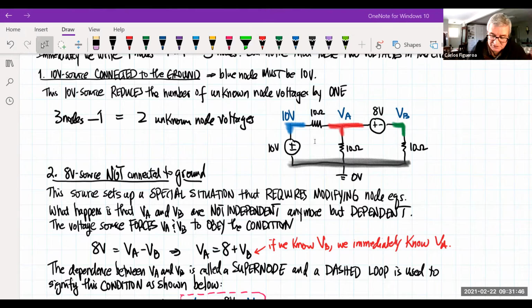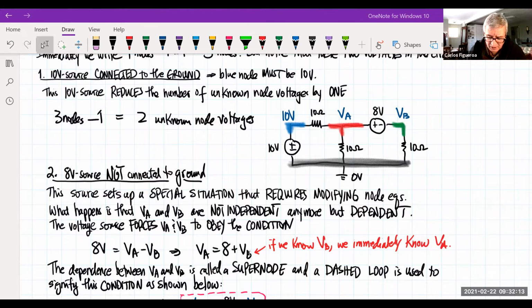Well, if you look at just the definition, A is at the high point, B is at the low point, so therefore VA minus VB must be 8 volts. If I rewrite this for VA, VA has to be 8 plus VB. So if I know what VB is, it automatically fixes the value of VA.